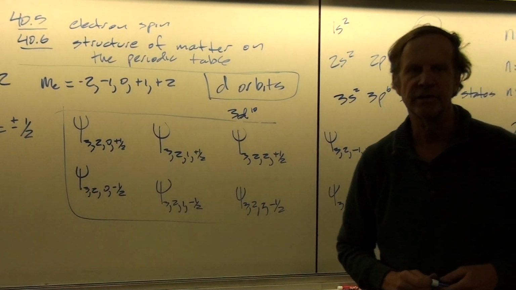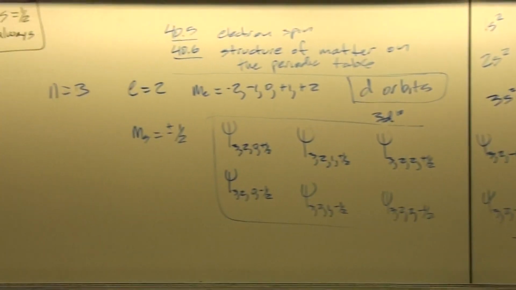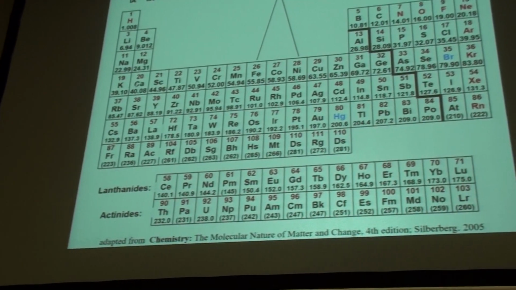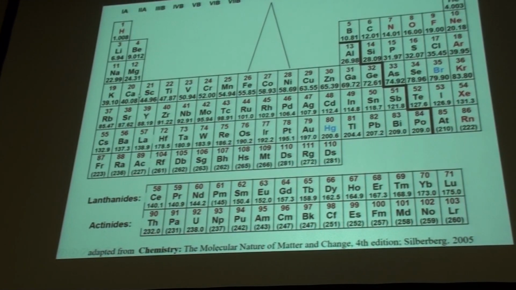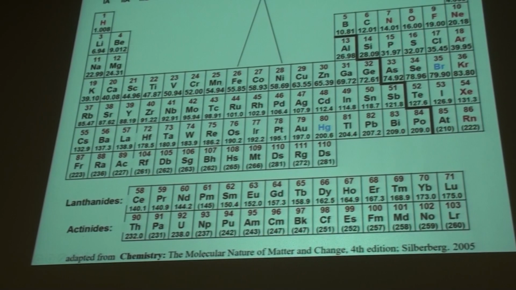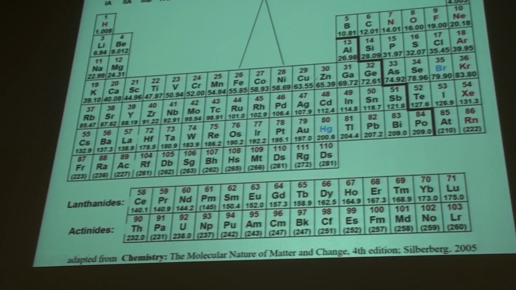One more thing I wanted to mention is that as we go up, and if we could just look at the periodic table one more time, as we go up to higher values of n, we would think that these would be at a higher energy state, and yet the filling order is such that the 3d orbits come in before the 4s orbits. So why is that?